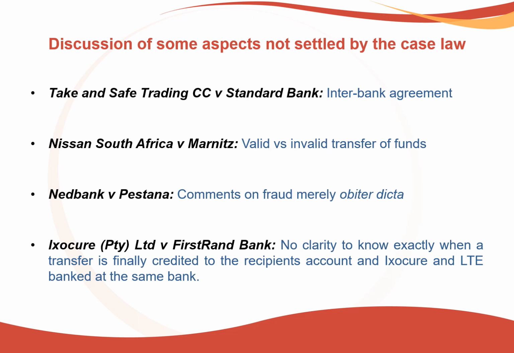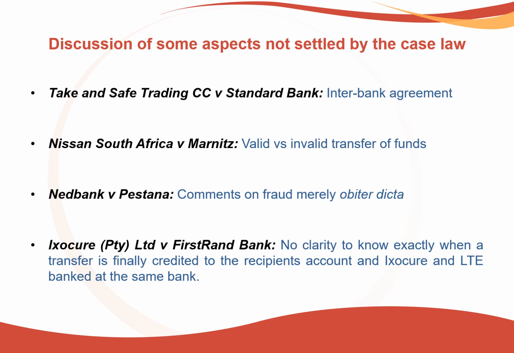In Nissen versus Munitz, the main question related to whether the transferee obtained a valid title to the amount transferred to them, and the court distinguished between a valid and an invalid transfer of funds. Unlike in Take-In Safe, the case of Nissen was not dealing with a valid transfer of funds.